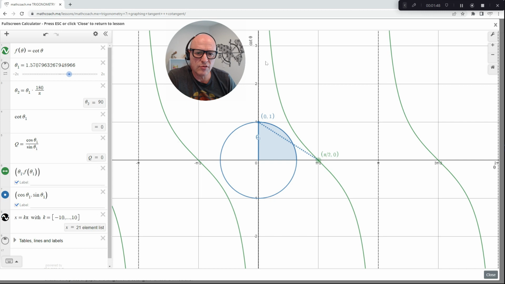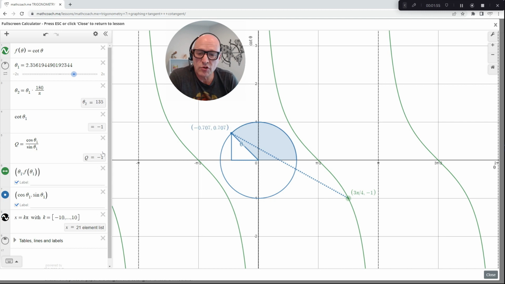So we cross through the x-axis here. And then let's go to 3 pi over 4, so 135 degrees. Now it is negative 1. So the cotangent of 135 degrees is negative 1. Okay, and we can see that in the quotient expression of that as well.